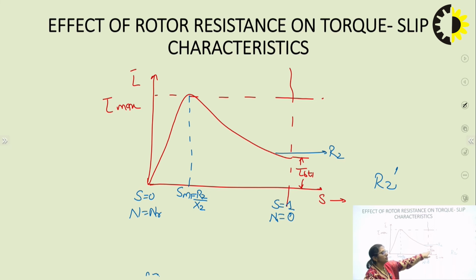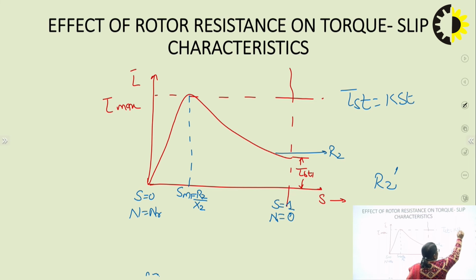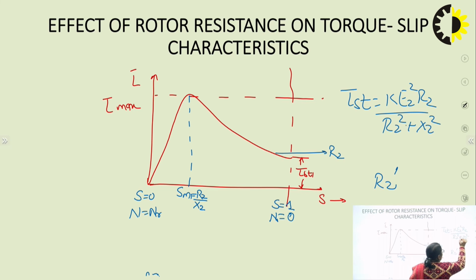But what will happen to the starting torque? That is directly proportional to the rotor resistance. The starting torque was given by K times S, sorry, S is equal to 1, K times E2 square R2 divided by (R2 square plus X2 square).